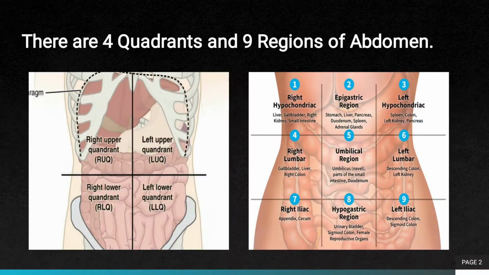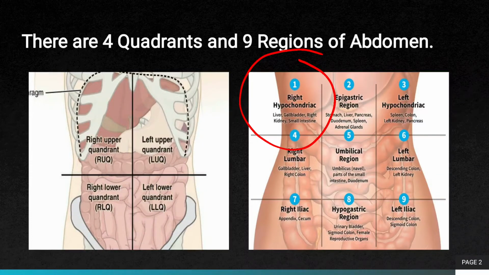So you have to remember all the 9 regions, their names, and which organs they have. Okay, so let's see which are those 9 regions. It is right hypochondriac, epigastric region, which is above the gaster, which means stomach, left hypochondriac, right lumbar, left lumbar.